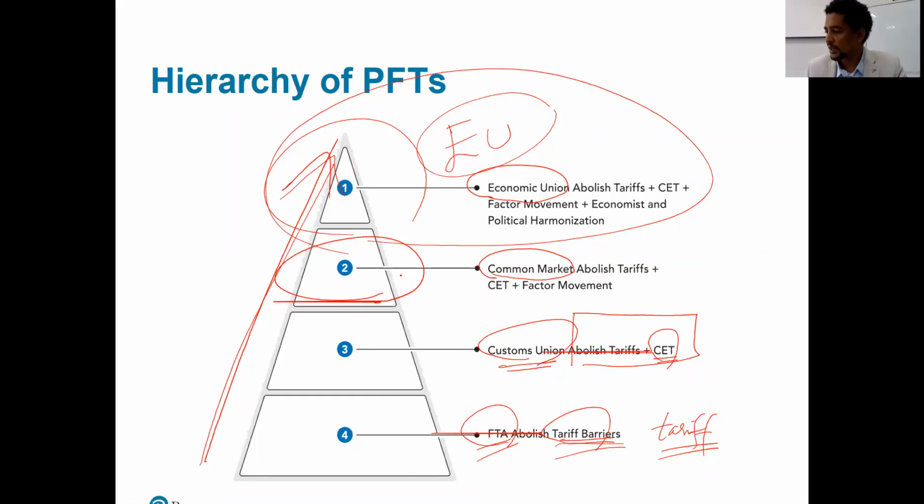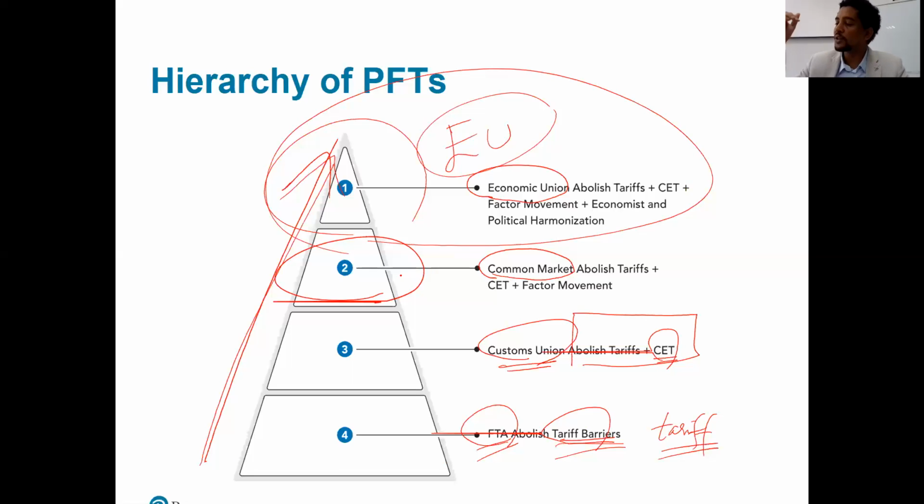External barriers are those from other countries. One step up is the common market that abolishes tariffs, common external trade barriers, and restrictions on factor movements. Factor movements means the movement of people and other factors of production.